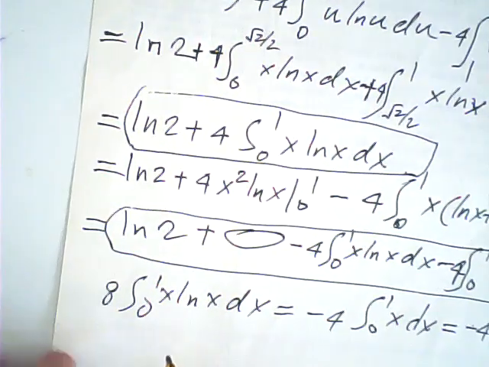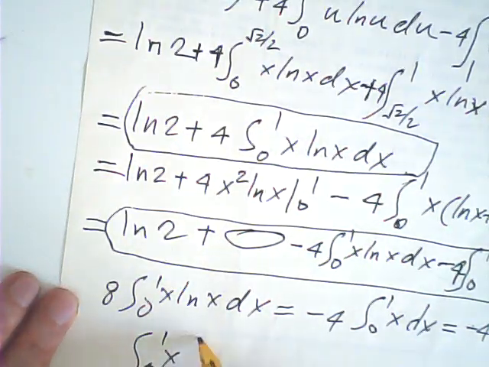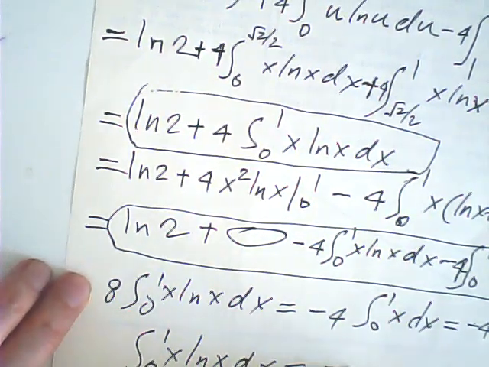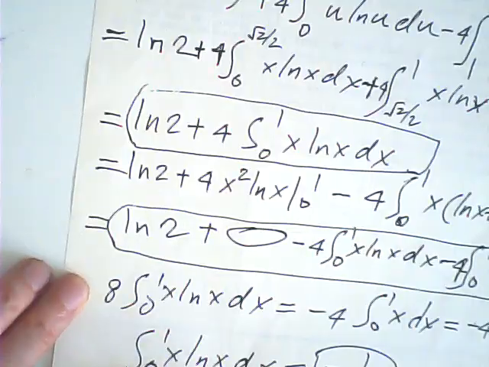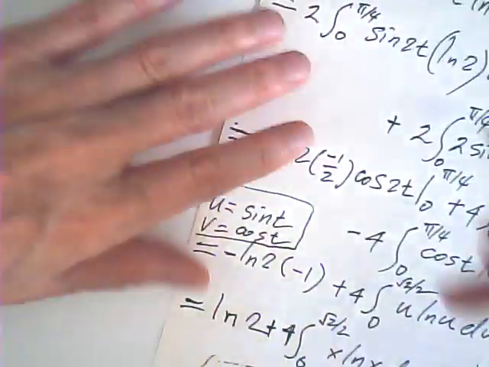In other words, this integral of x log x is equal to negative quarter. Now, what is my I?